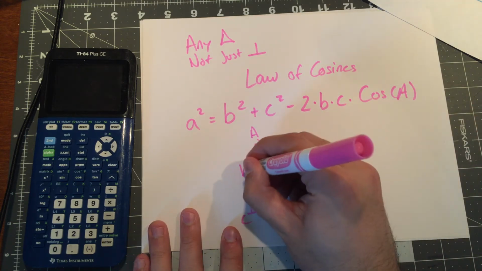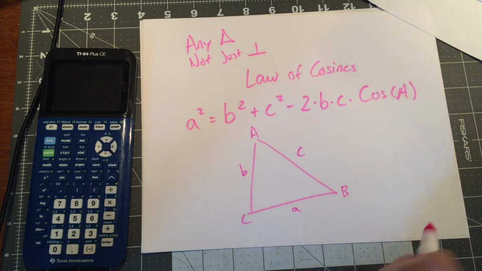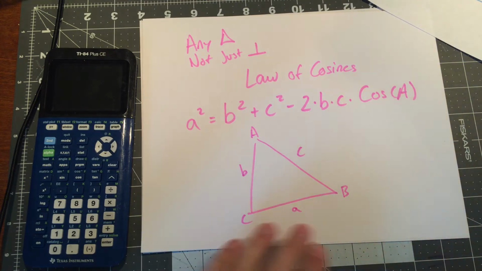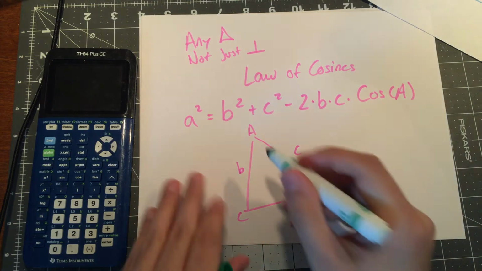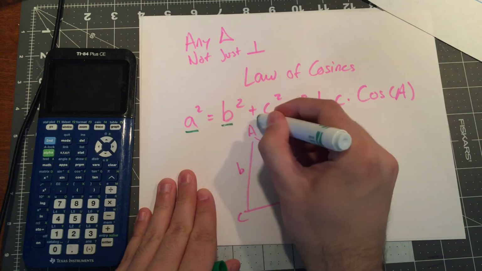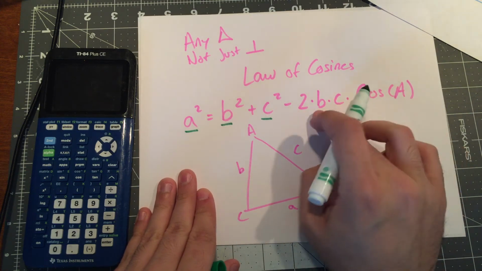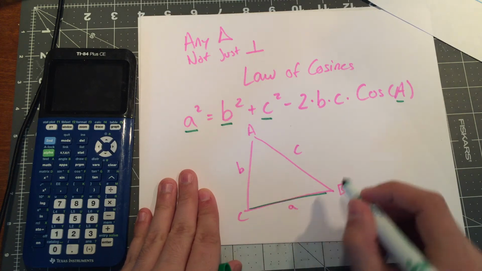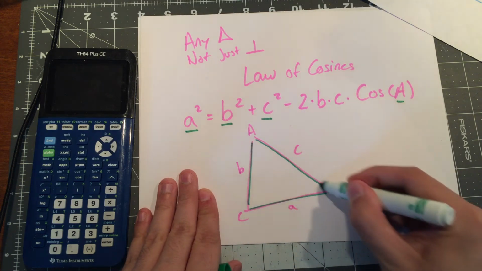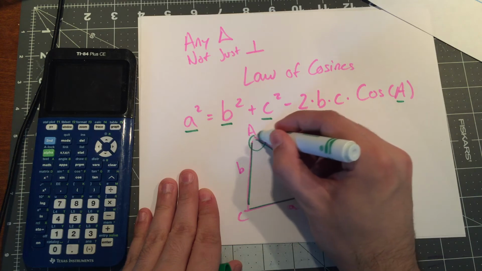So we have capitals for the corners and lowercase for the sides. What we are talking about here is when we have four pieces of information. These are repeated, those are the same ones. So we have this side, this side, this side, and this angle.